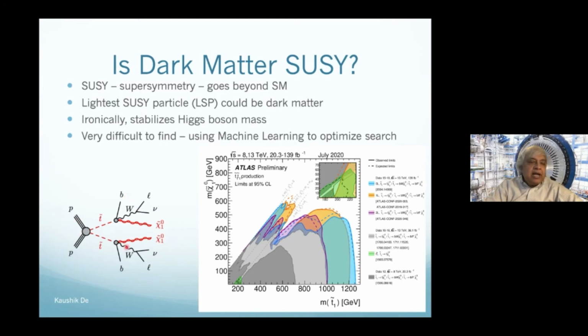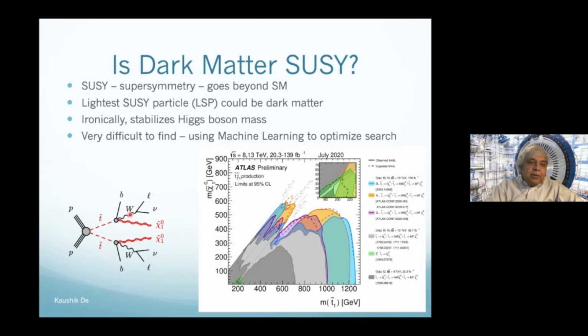It's a Feynman diagram of a possible creation of a stop and anti-stop pair from proton-proton collisions, and then the stop decays into a W boson, a lighter supersymmetric particle, remember the dark matter that I just talked about, and a b quark.